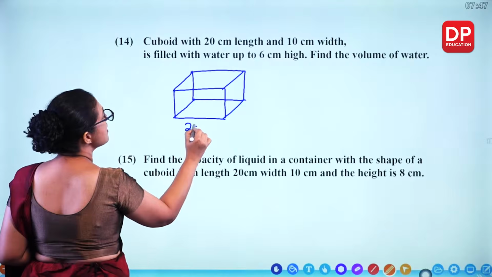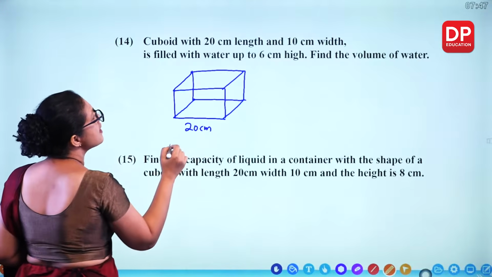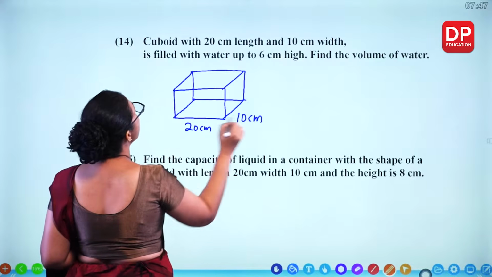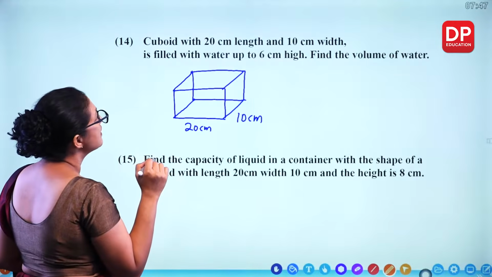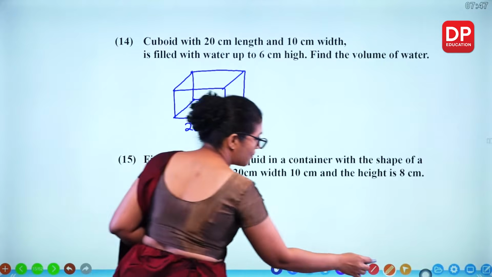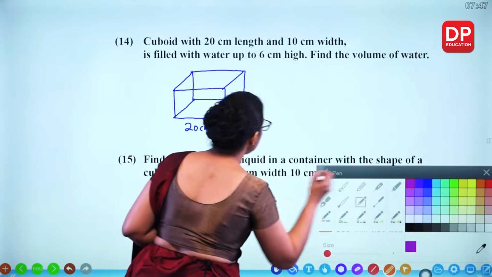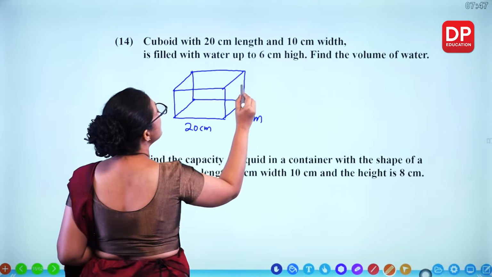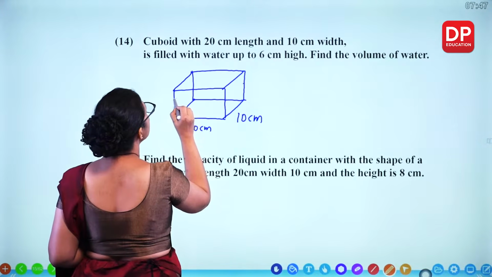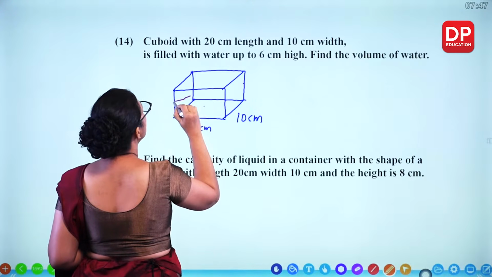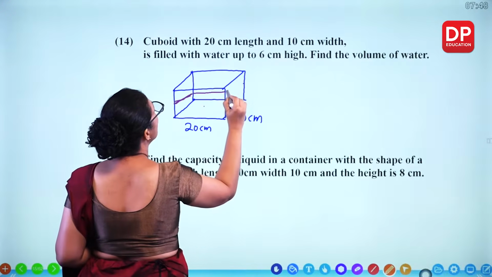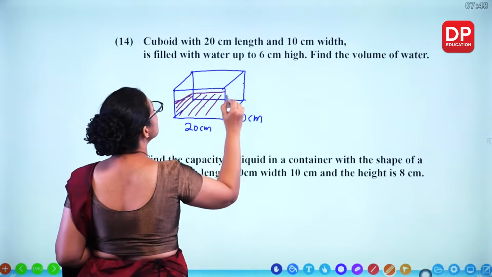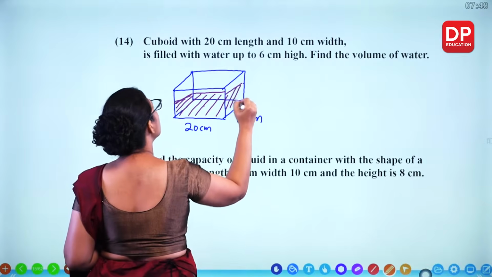Length is 20 centimeters, width is 10 centimeters, and the height of water is 6 centimeters. So we'll fill it, something like this. So I'll fill with water up to this level.